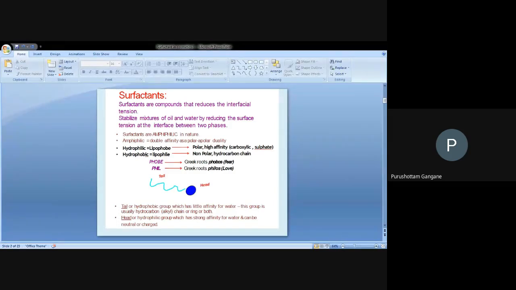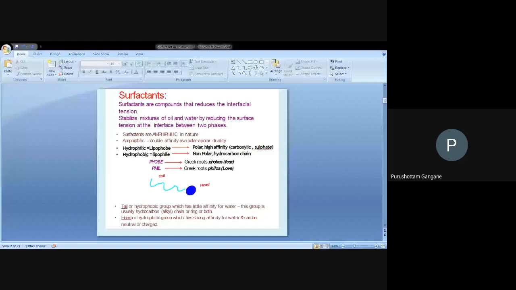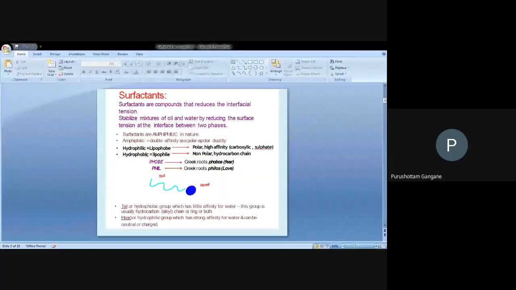Yes, anybody? Sir, because of the presence of two phases in a system. Yes, the two phases. Interfacial tension always exists between two phases. Suppose alcohol and water are two phases that are completely miscible; then there is no interfacial tension between them.